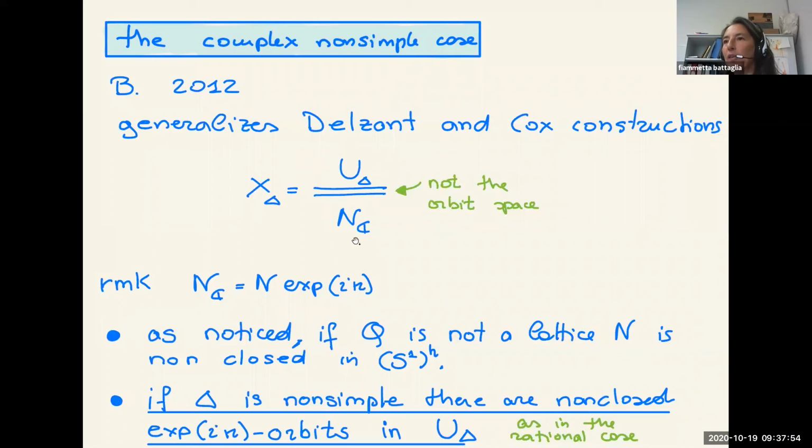And we have the group N_C that we can still write as a product of N by exp(i n), with n the Lie algebra of N. But in this case, we cannot take the orbit space as it happens in the rational case. For the rational case, an inspiring work was the paper by Cox, in which he constructs toric varieties, simple or non-simple, so smooth or singular, as complex quotients.